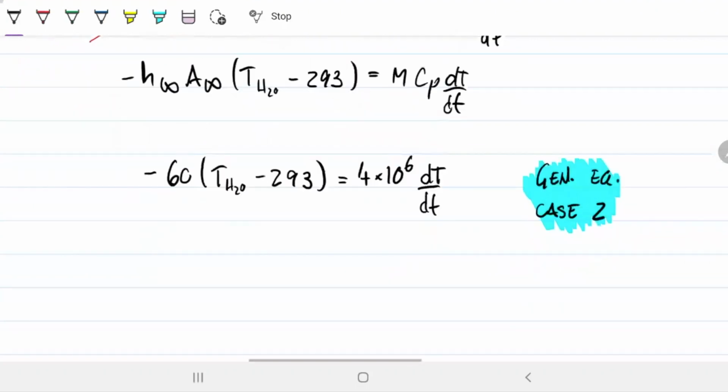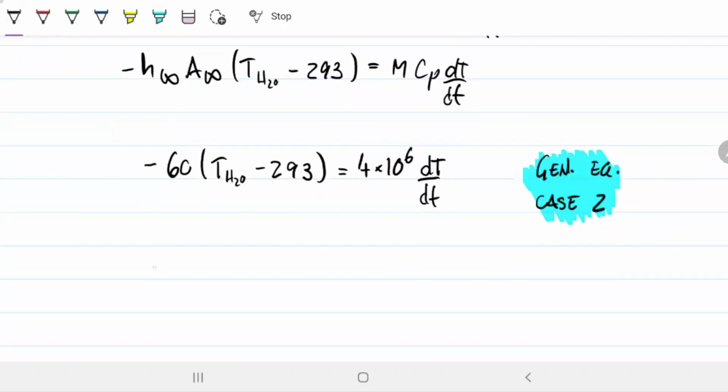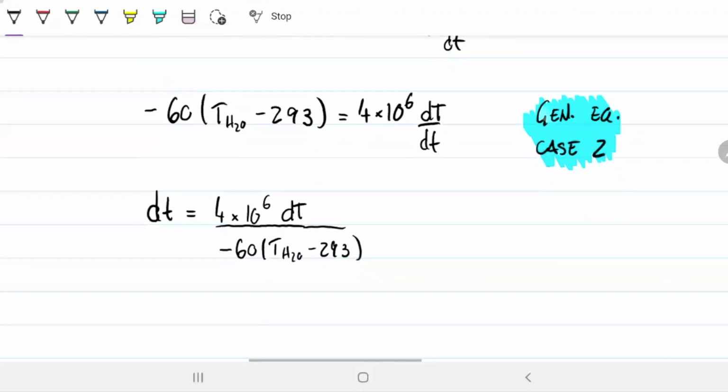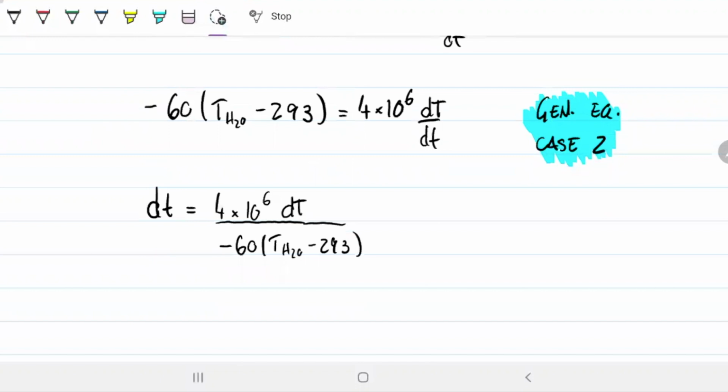So quite literally, we have to do the same thing we did before, which is I'll send dt to this side here, and I'll have 4 times 10 to the 6, the temperature divided by minus 60, T minus 293. Okay, once again, we can integrate on both sides.